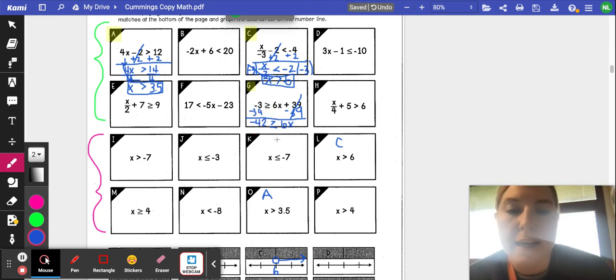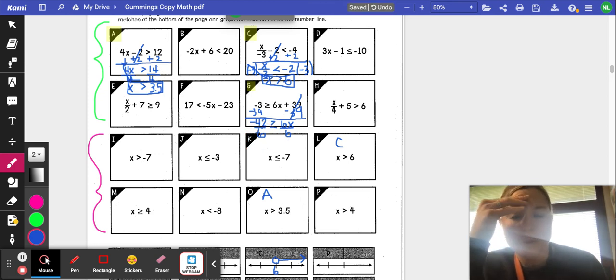From there, I now have to get x by itself. This is saying 6 times x. I have to do the opposite of 6 times x. 6 multiplied by x, that's division. So I'm dividing by 6. Whatever I do to one side, I have to do to the other side. Oops. That's a positive 6, not a negative.